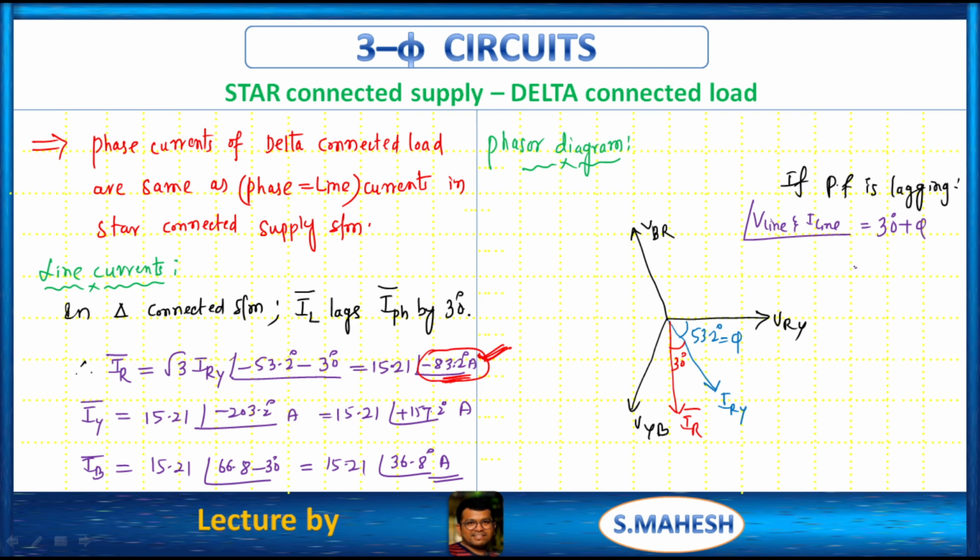See, 30, and phi is 53.2, which equals 83.2 degrees, right? Line voltage is VRY, line current is IR. The angle between them is 53.2 plus 30, obviously 83.2. Satisfied? So this is the analysis of star connected supply and delta connected load.